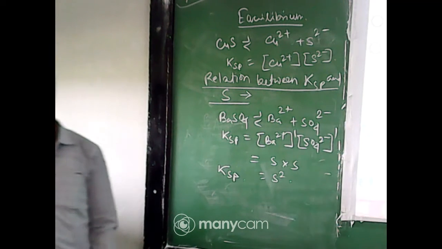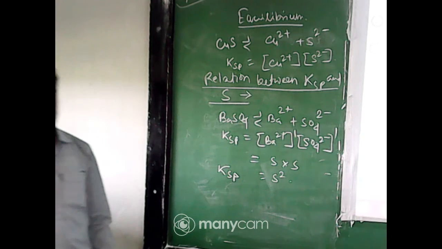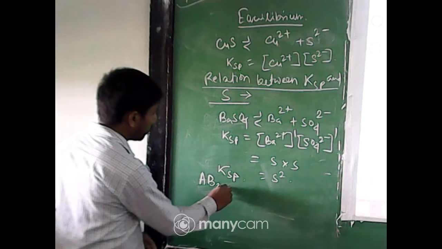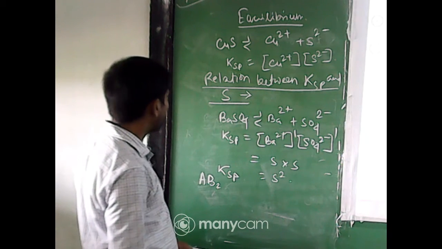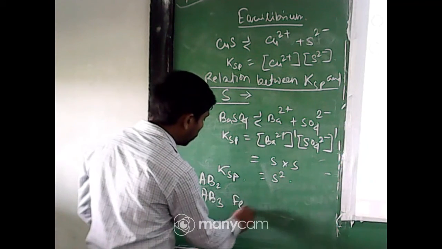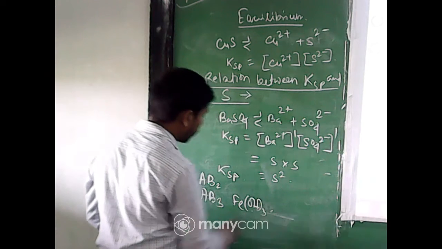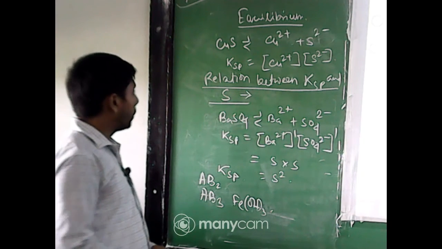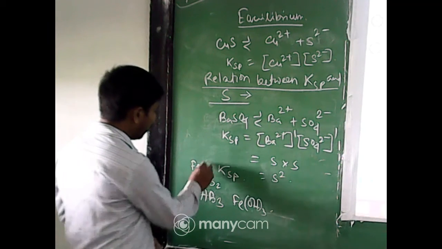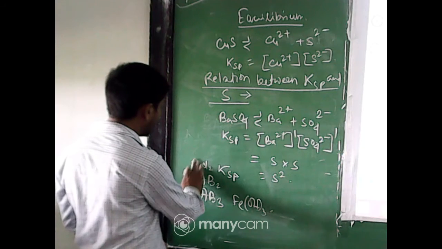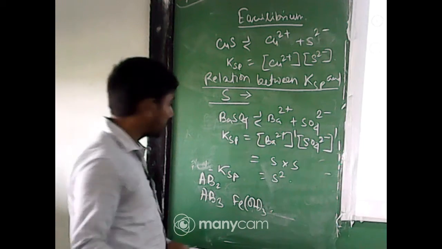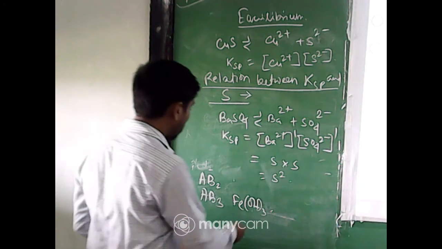But for a different kind of solution, that is for AB2 type, it is different from AB type. For AB2 or AB3, just start with AB3, that is Fe(OH)3. AB2 could be FeCl2, but FeCl2 does not exist, so we may take another example in place of it, but just start with AB3.